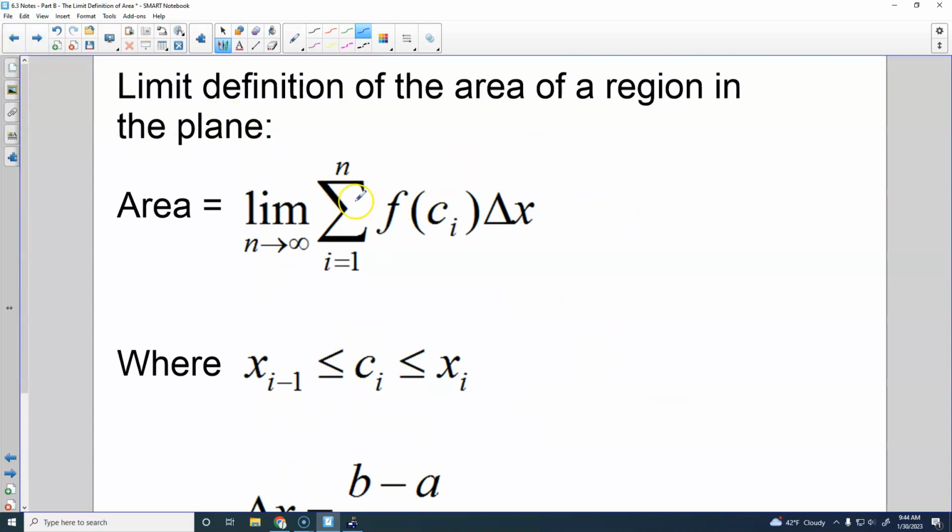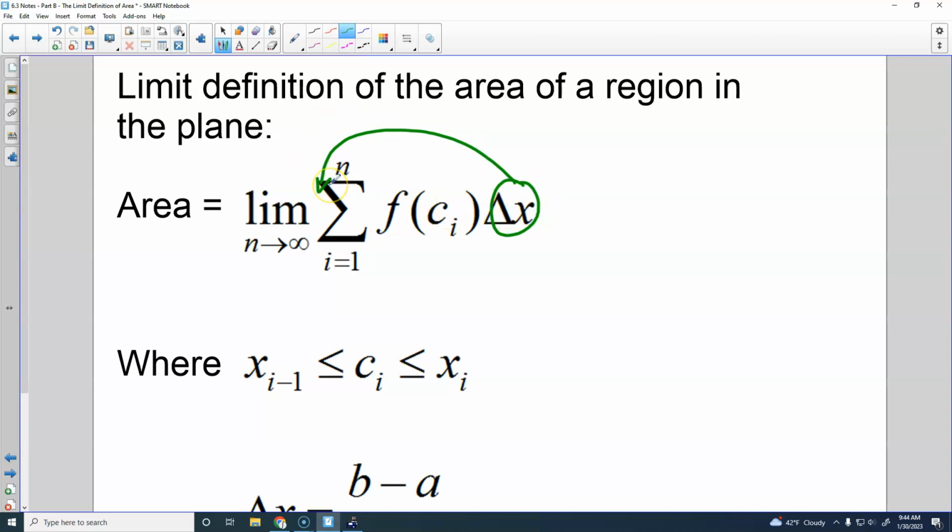Our area formula is going to be our limit as n approaches infinity of, I usually put this delta x over here instead, but our formula in the book did not. It's the sum from 1 to n of f of c sub i, that's just your index, however you need to do it. In the case of the one we just did, it was 2I over n.